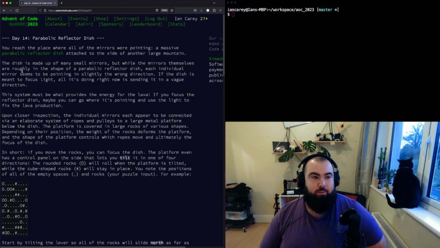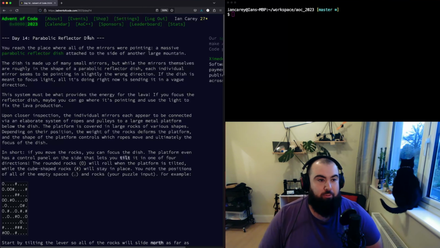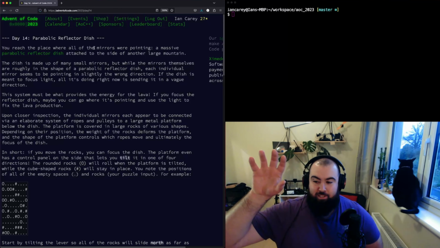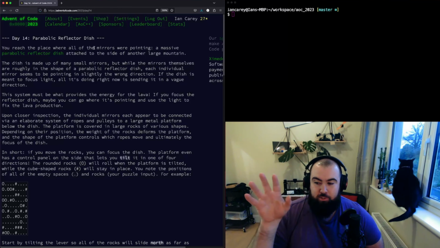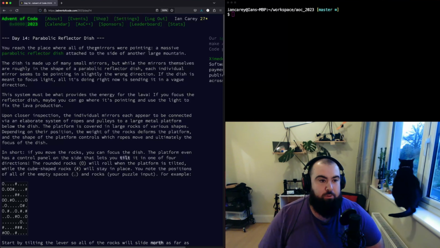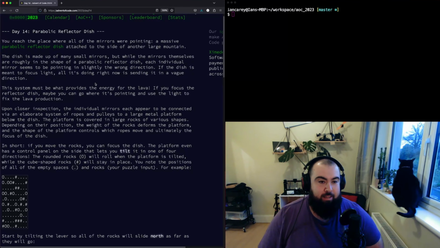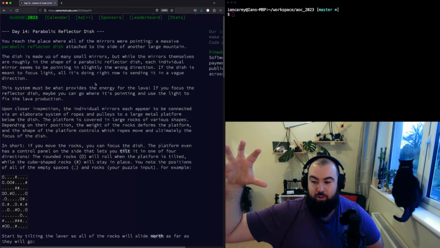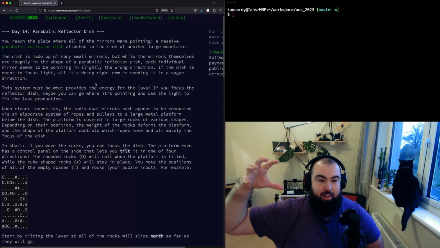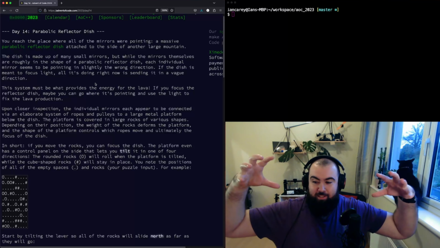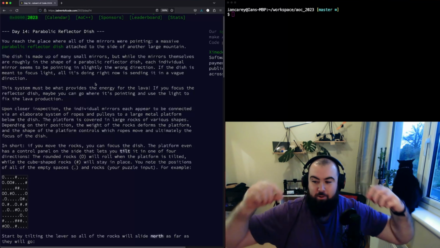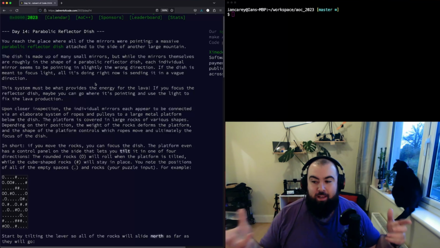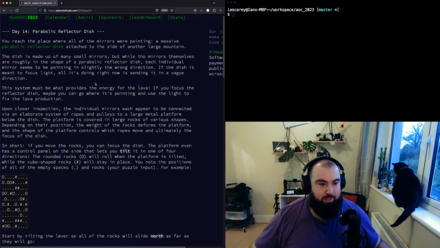So, day 14, parabolic reflector dish. In the last puzzle, we were going through a valley of all these mirrors, and you end up finding this parabolic reflector dish thing. You think that if they're all focused properly on the right point, that's what will make the lava that generates the heat that we need.